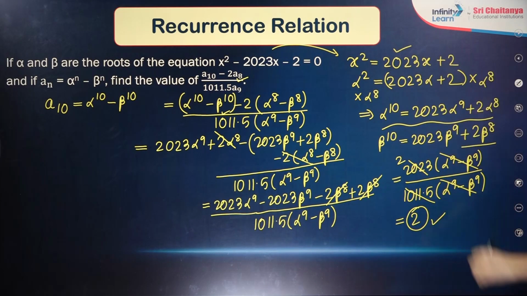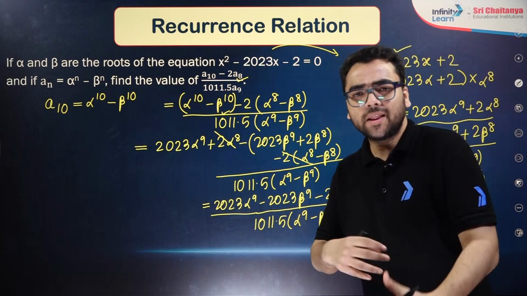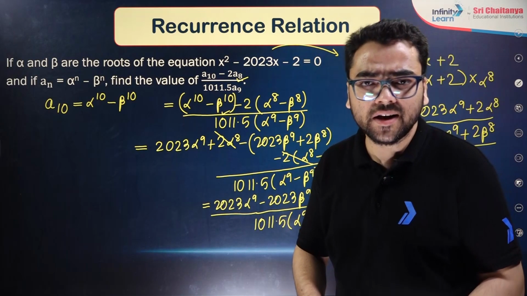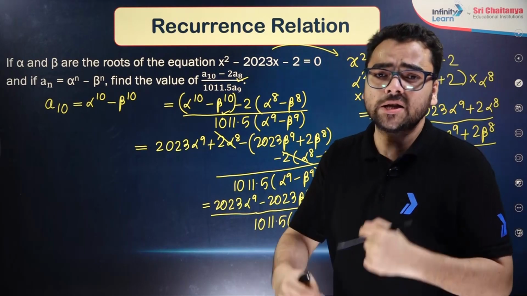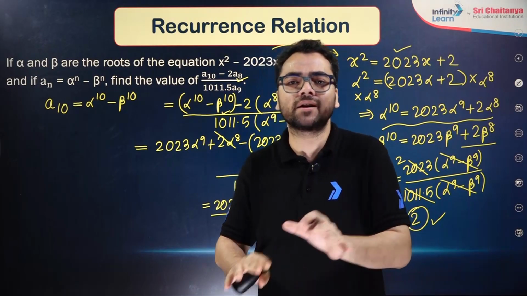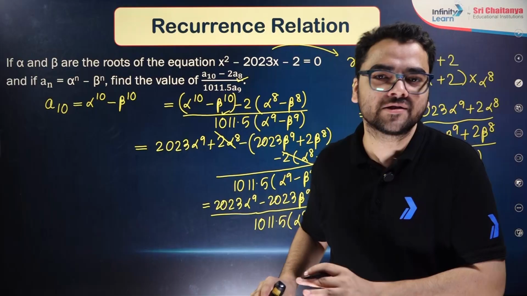You can obviously check the calculation, but I guess that's correct. If you know that it can be done using recurrence relation, then these types of questions can be handled very easily. Otherwise, if you go for other things like Vieta's relations, then these things will become a hell of a lot tougher. I hope that's clear, guys.